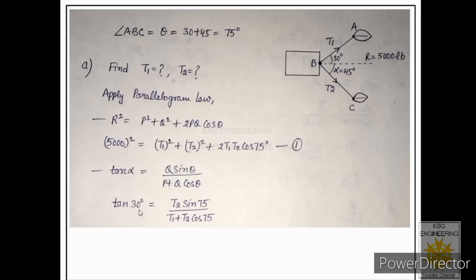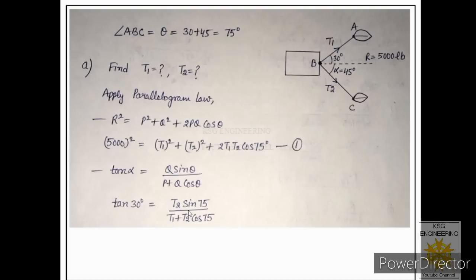So over here alpha is written as 30 degrees. It means we are considering the angle with this force for the resultant. So this is F1 and this is F2, or I should say this is P and this is Q. So you can see over here we have written T2 sine 75 degrees divided by T1 plus T2 cos 75 degrees. The values of T1 and T2 are unknown to us, and this is a single equation. So let us see what we can get from this equation.